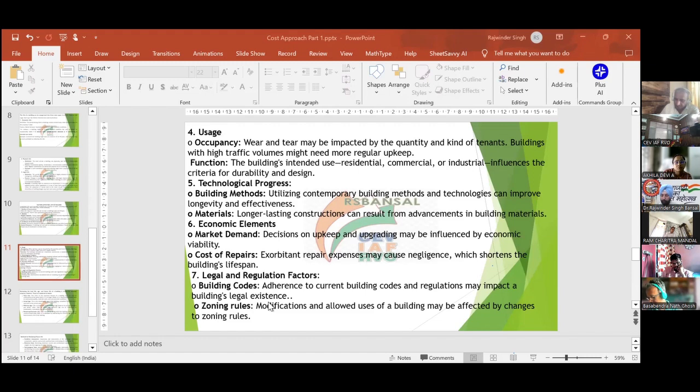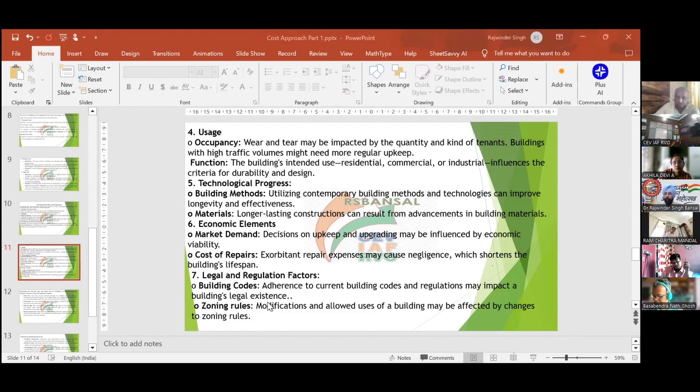Means if you carry out the upkeep or upgrading, you have to check the amount you have spent upon upgrading or upkeeping the building, and if you sell the building, will it be viable? If you spend some amount on the upgrading of the building, and if you sell after upgrading, will you be able to get back the amount you have spent?